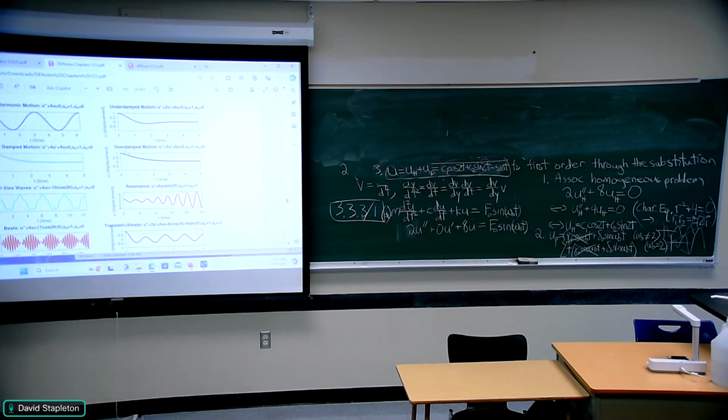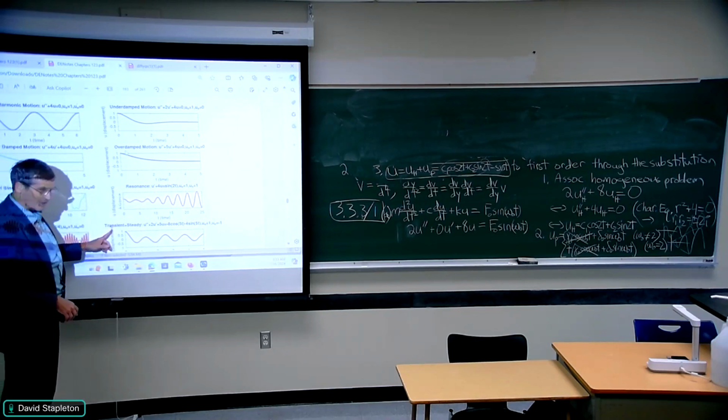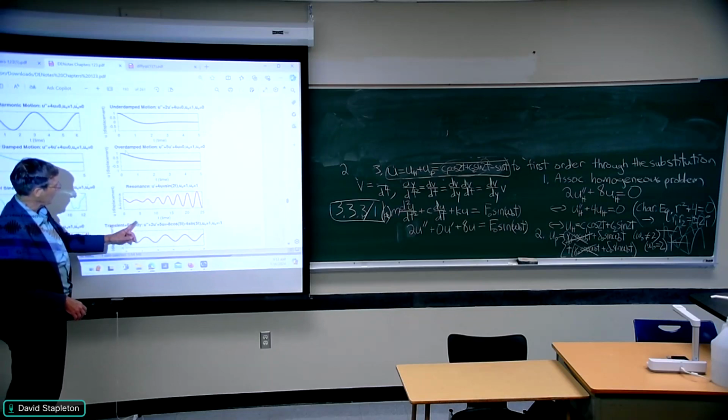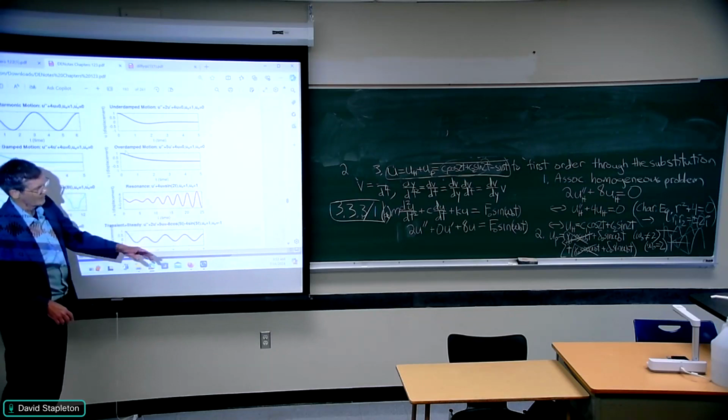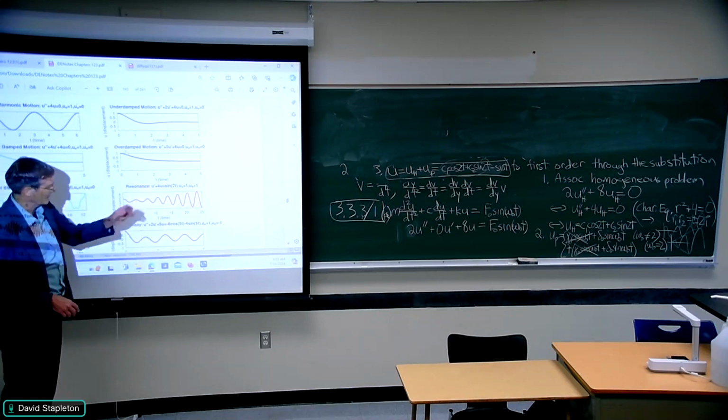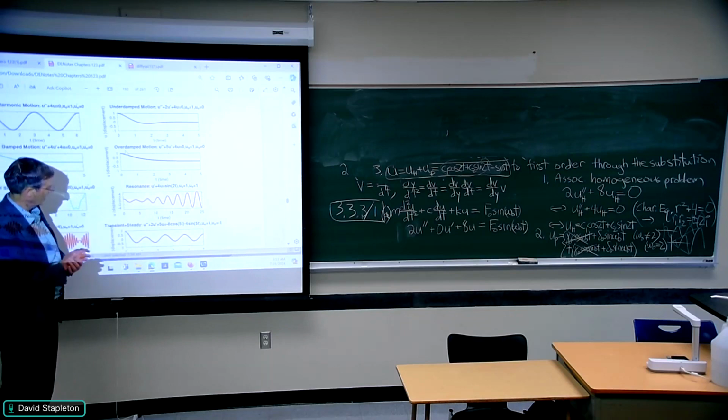Finally, if it's damped and driven, you just get this one case here where there's a transient solution, a sine wave times a decaying exponential, that's the homogeneous part, but the particular solution is a steady state solution. It's a sine wave that goes on forever. You're continually driving it, and eventually that just runs the oscillator at whatever frequency you're driving it.